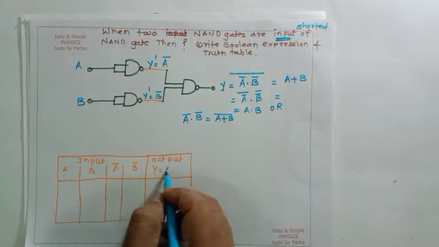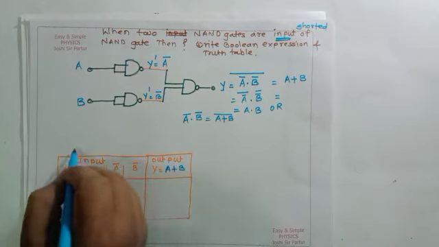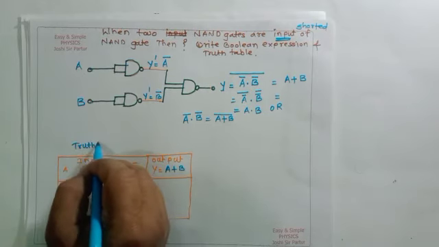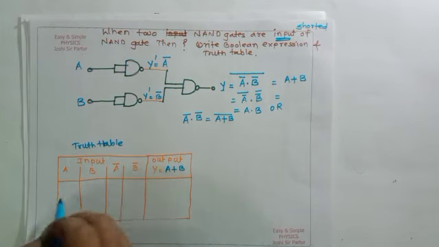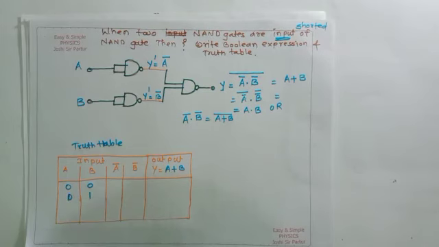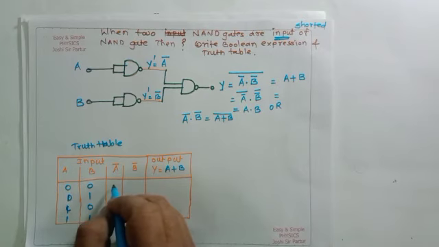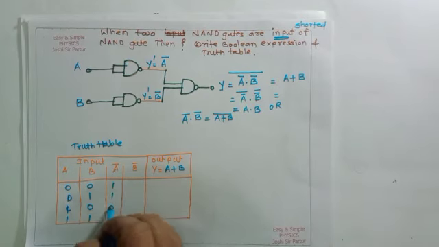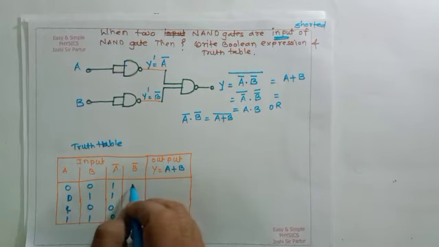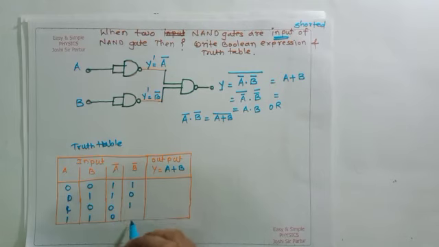We can confirm this by using a truth table, where the four conditions are there. Input A and input B: both low; A low and B high; A high and B low; and both inputs high. So complement of A will be high, high, low, low, and complement of B will be high, low, high, low.